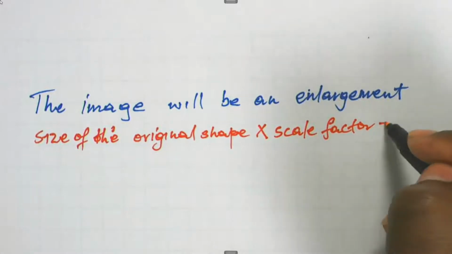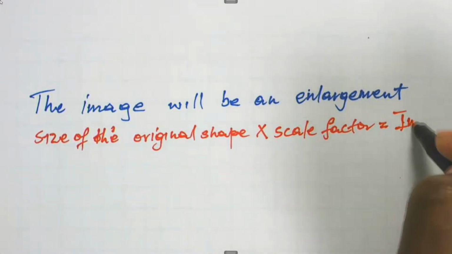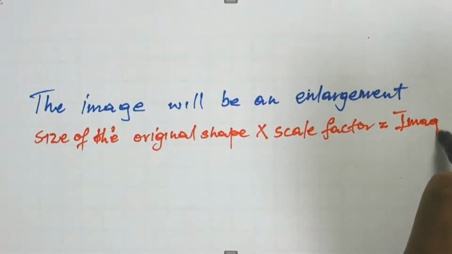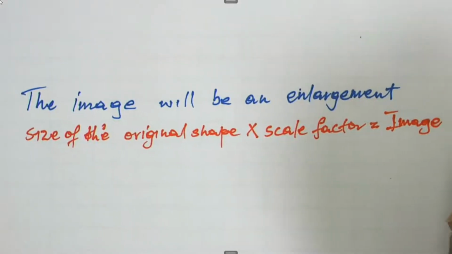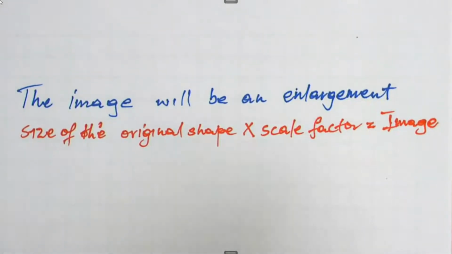And then your result will be an image. If you can memorize this, guys, it might also add to your mastering of the enlargement and reduction of transformations.